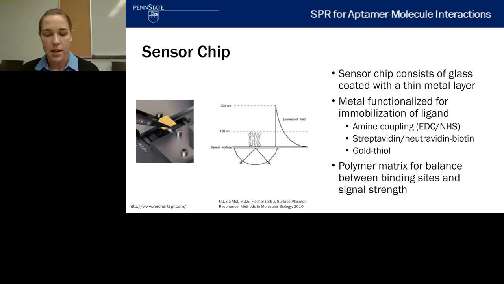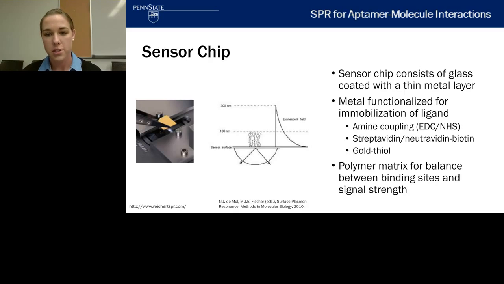So now that we've looked at the optical detection system, we can focus on the sensor chip. So the sensor chip, as I've explained earlier, consists of a thin middle layer that is on top of a glass chip. And this allows for the ligand to be immobilized, and this is the ligand that you're looking at interactions with.